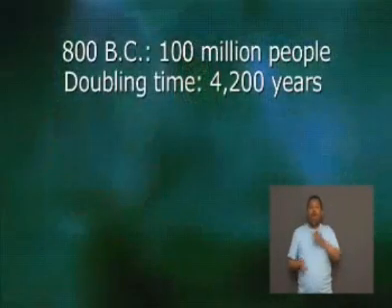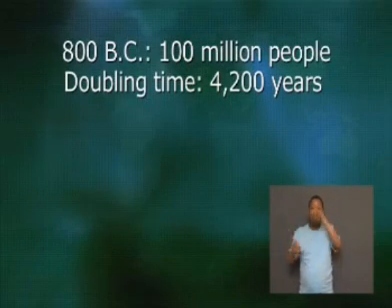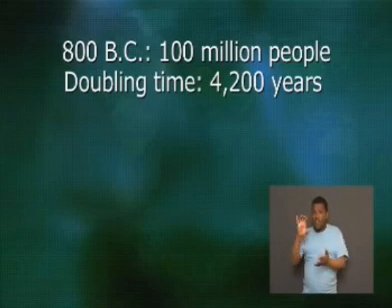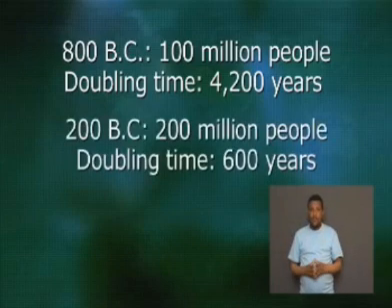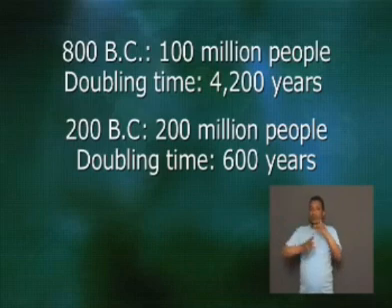The population doubled from 50 to 100 million people by 800 BC, meaning that the doubling time was 4,200 years. After that, the doubling time was just 600 years. The world population became 200 million by 200 BC.